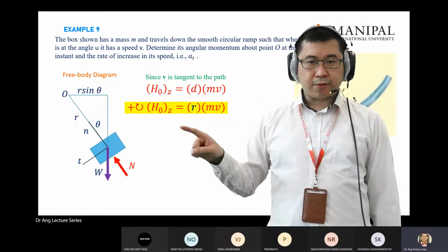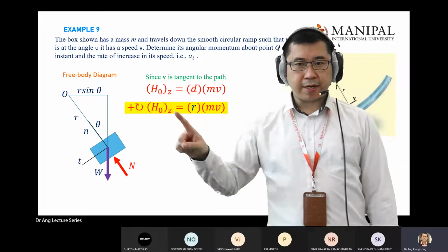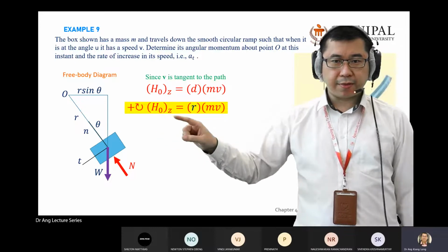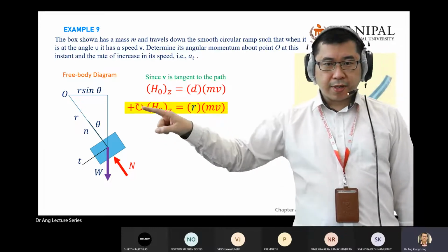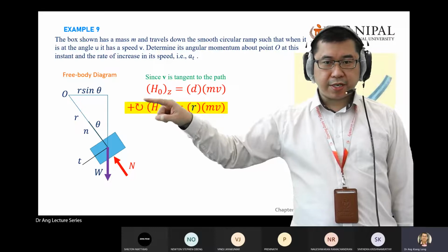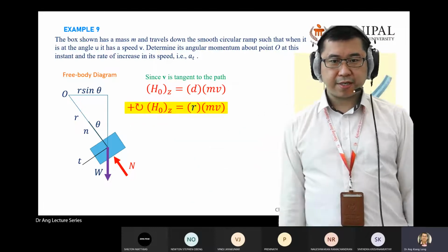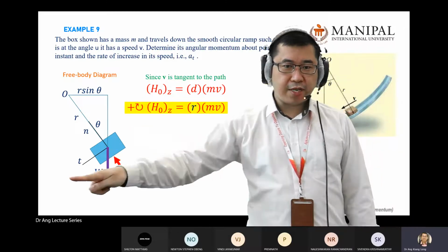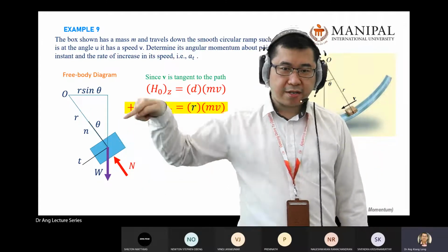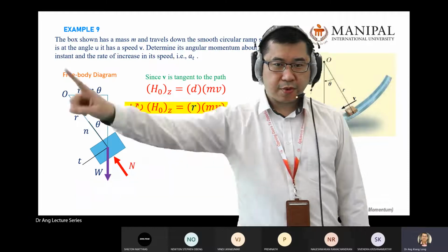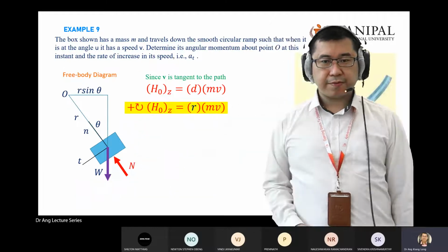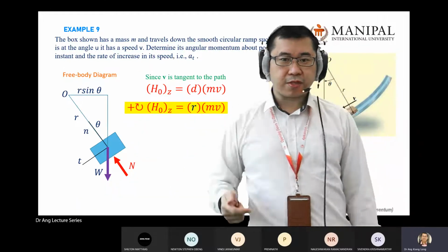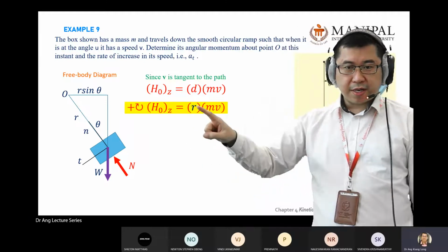So back to our angular momentum here. The positive direction here is clockwise, because v and r give you clockwise direction. Your Z is going into the screen. What is your D?